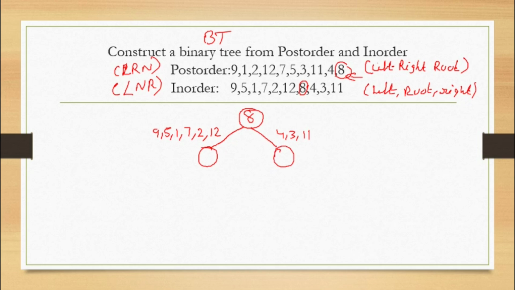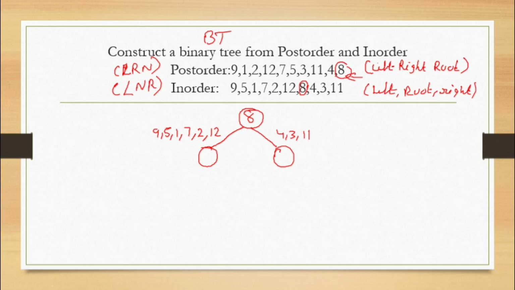Out of 9 5 1 7 2 12, what comes first? Because it's post order, remember, you are going from right to left.